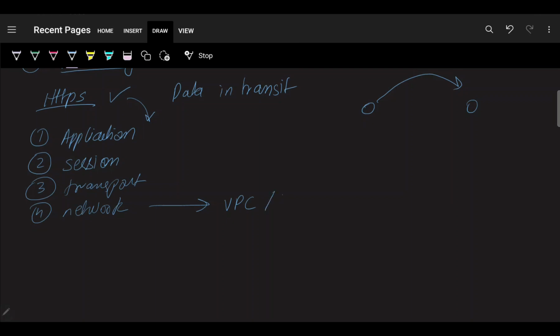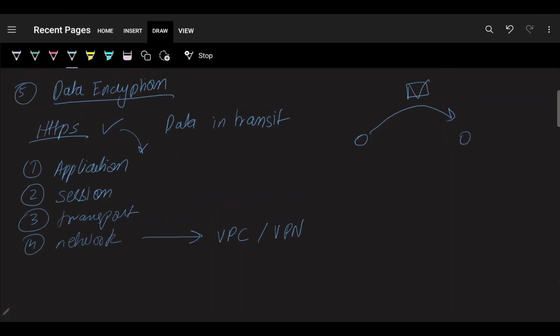If you want to go about your own solution, then you can consider having some sort of a VPN over here. At the session layer, or somewhere between session and transport layer, we can make sure that we are using TLS, which is an improved version of SSL, since SSL was deprecated in 2011. TLS is what we are talking about.